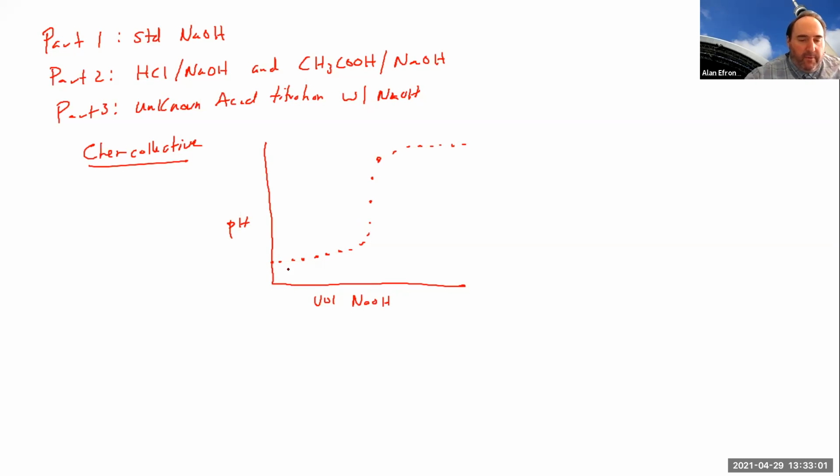Also, the more points that you have, I'll be honest with you, the most important part of every titration curve is really this part of it. And actually, this front part's really important, and the part near the equivalence point is usually a really important part of a titration curve. We're going to talk about why that is in just a second, but it really helps you determine a lot of things about your acid, for example, that you may not know.